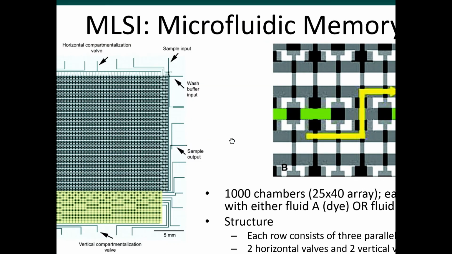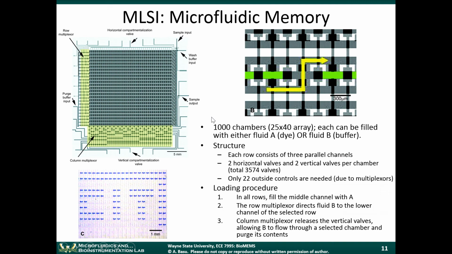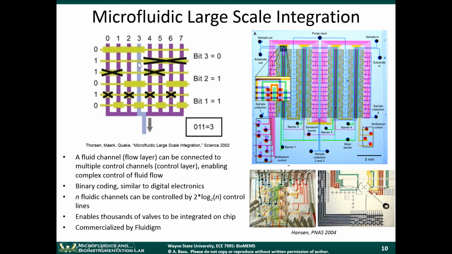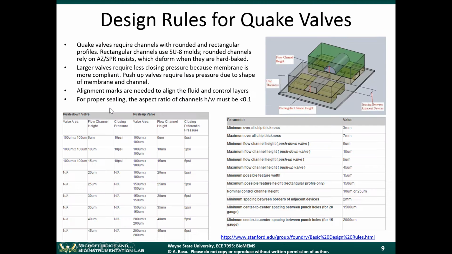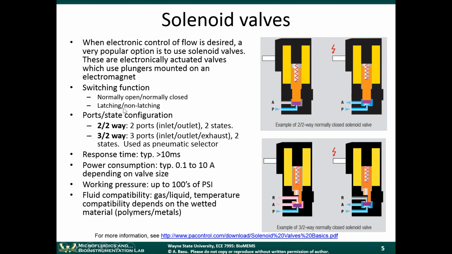Because remember, this type of multiplexer approach requires one external pressure regulator for each one of these gold rows. Each one of these is connected to a pneumatic input. And by the way, those pneumatic pressure controllers are based on solenoid valves.